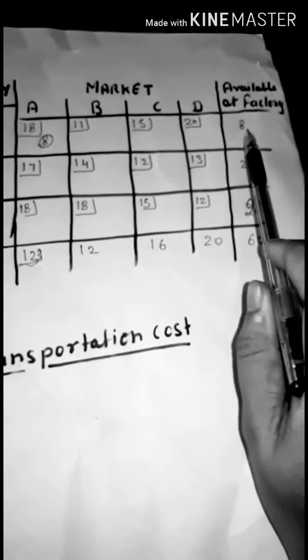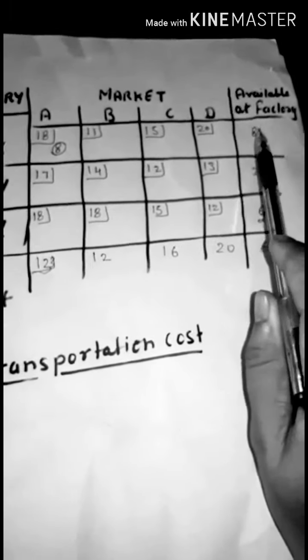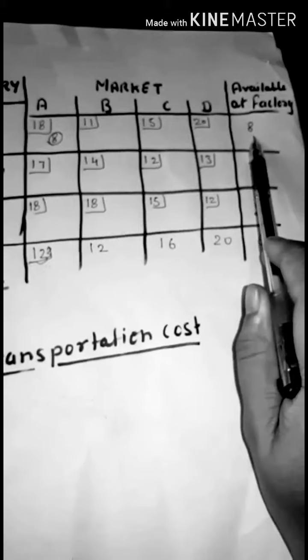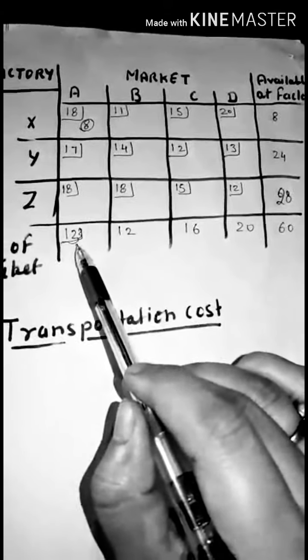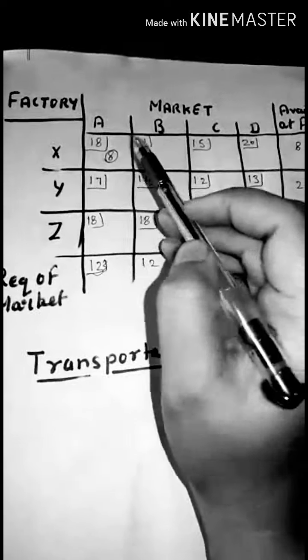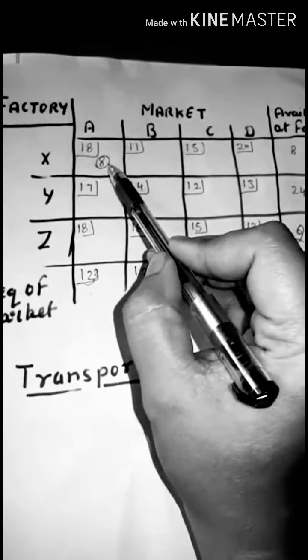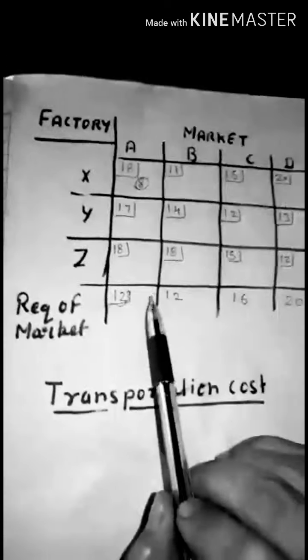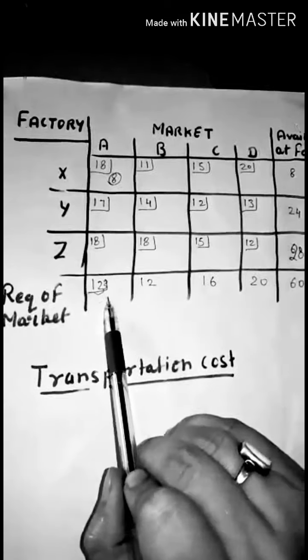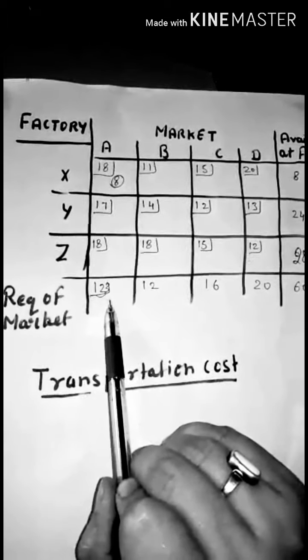supply of factory X. Factory X has only 8 quantity and demand of market A is 12. We can give this cell only 8 quantity. As we know the requirement of this market A is 12.